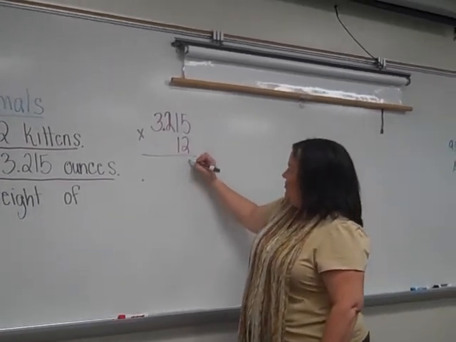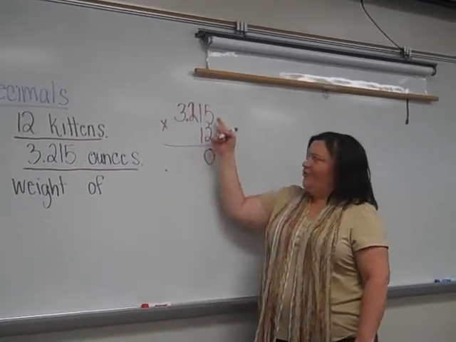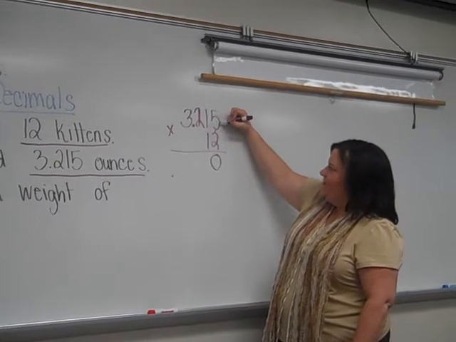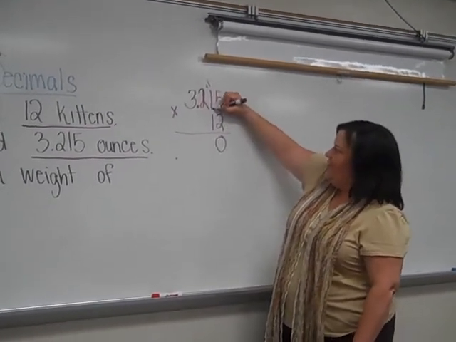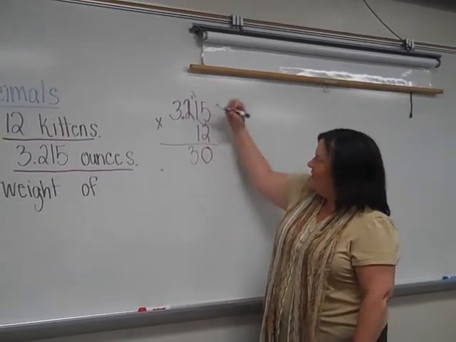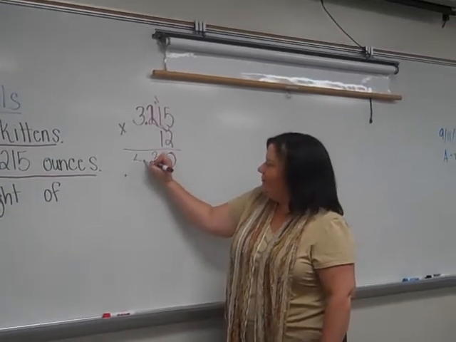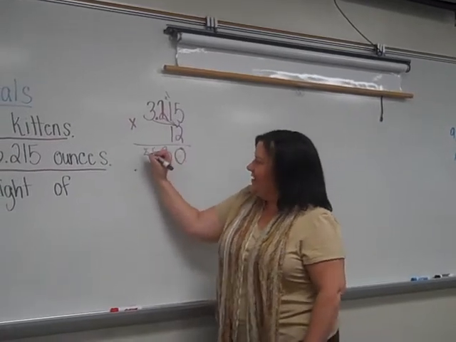So 5 times 2 is 10. I like to draw a line from each digit as I'm multiplying. So 2 times 5 is 10. I put down the 0, carry the 1. 2 times 1 is 2, plus 1 is 3. 2 times 2 is 4. And then 2 times 3 is 6.